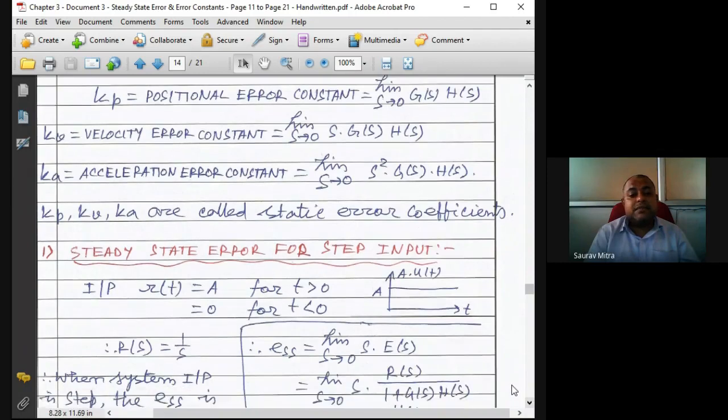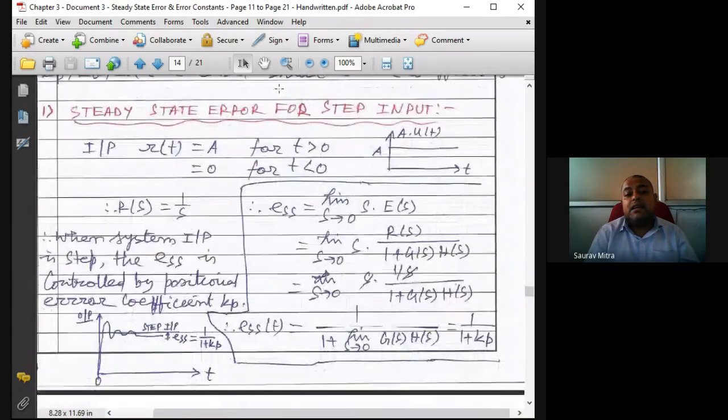Next case: if the steady state error is to be found for a step input, directly we can apply 1 by 1 plus Kp. What is Kp? Kp is nothing but limit s tends to 0, G(s)H(s). In that case, for ess(t), you won't have to use the formula of R(s) divided by 1 plus G(s)H(s). Not necessary.